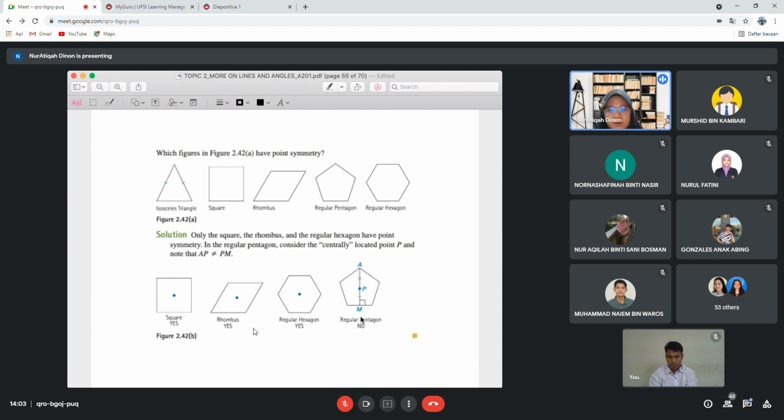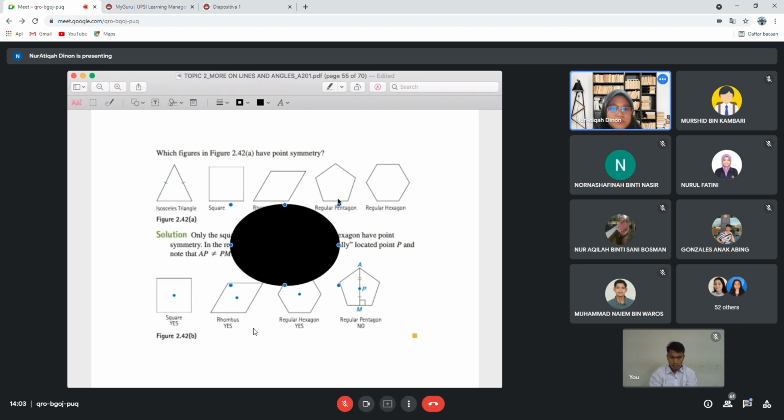However, for the regular pentagon, if you put point P here, the point symmetry over here, you're going to see that from point M, the second point, point N, will be here, and the length won't be the same. Same goes if you put a point symmetry on an isosceles triangle. Let's try.